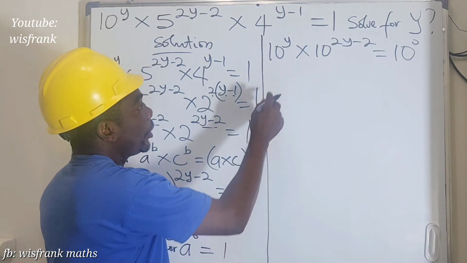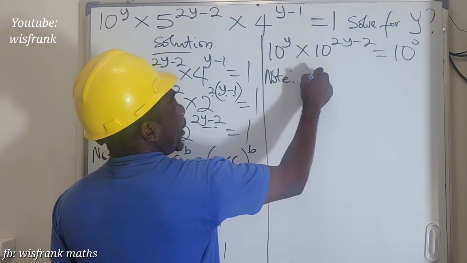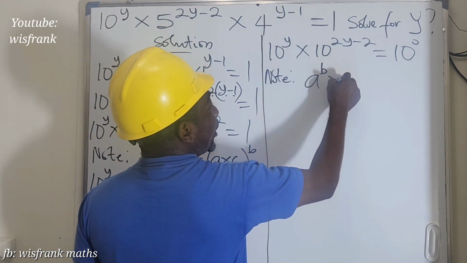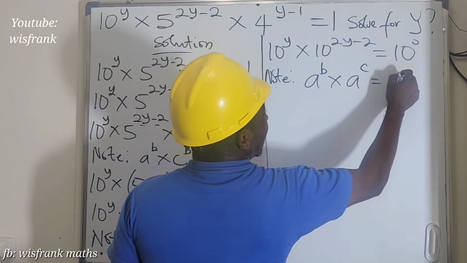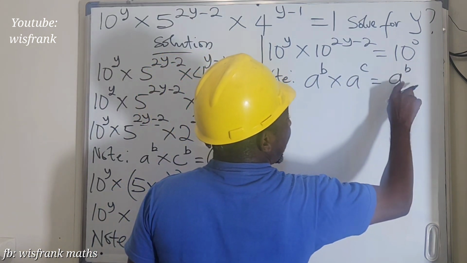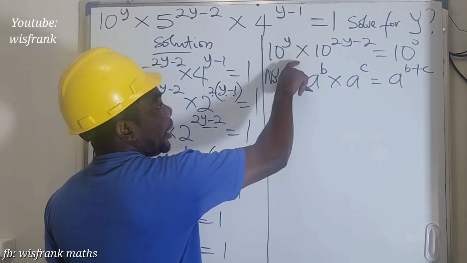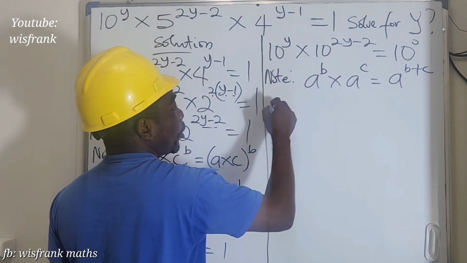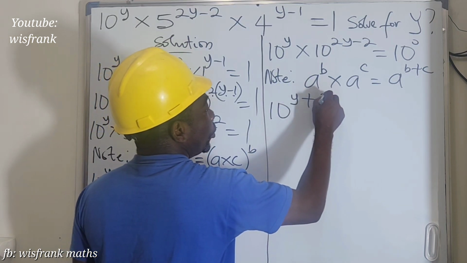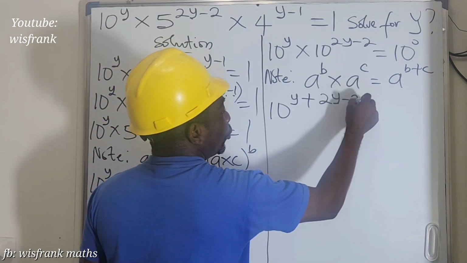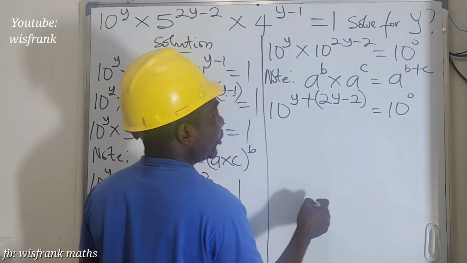Now on this other side, we recall that a raised to the power of b times a raised to the power of c is the same thing as a raised to the power of b plus c. So let's express this in this format. This will become 10 raised to the power of y plus 2y minus 2 equals 10 raised to the power of 0.